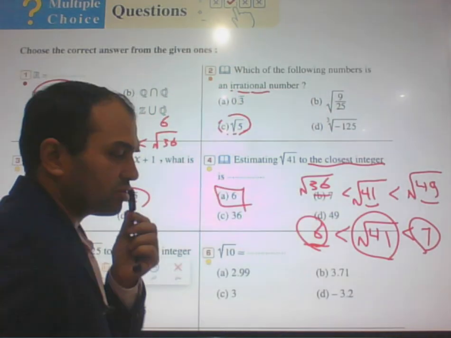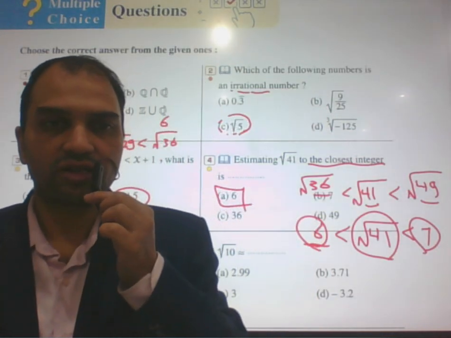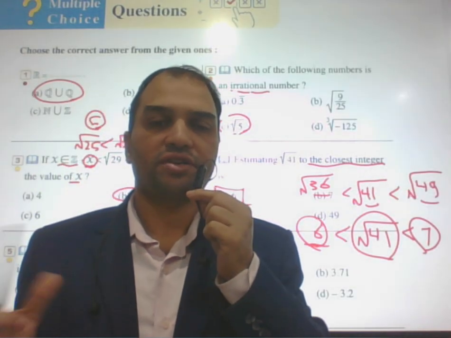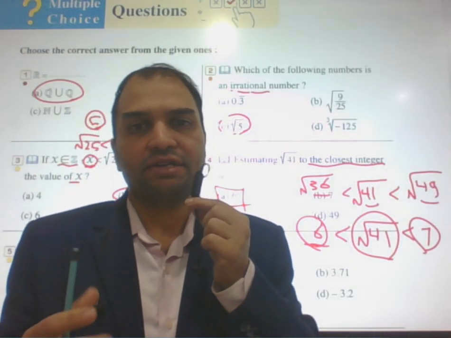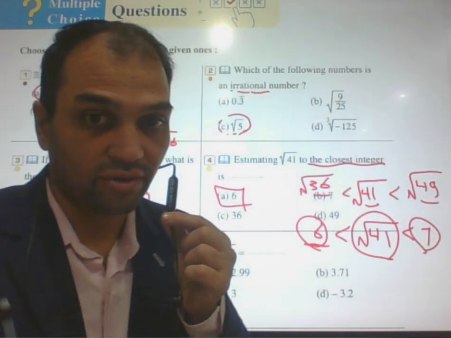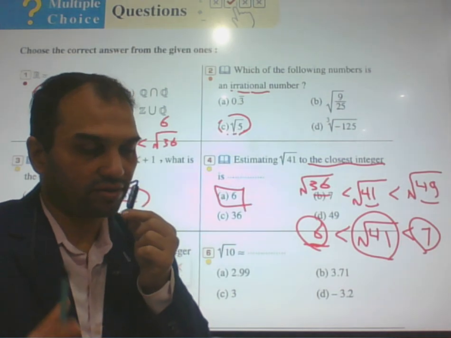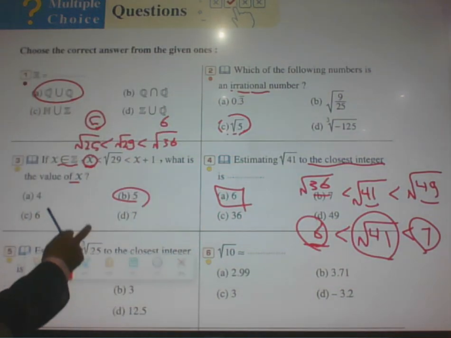Or you can use a calculator: write square root of 41 and the calculator gives you 6 and a decimal. You can use the calculator, or this method to approximate square root of 41.